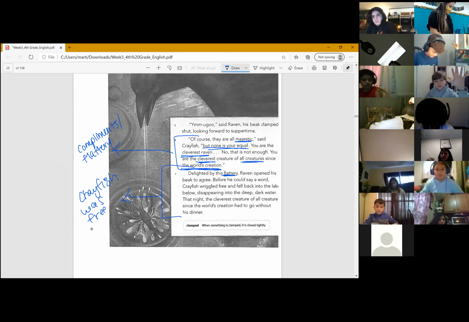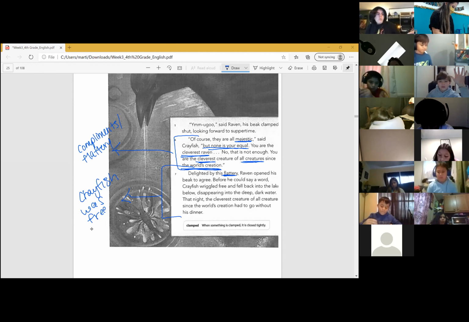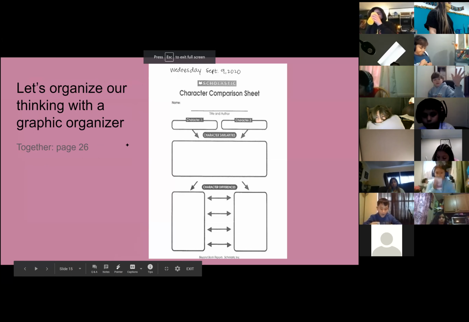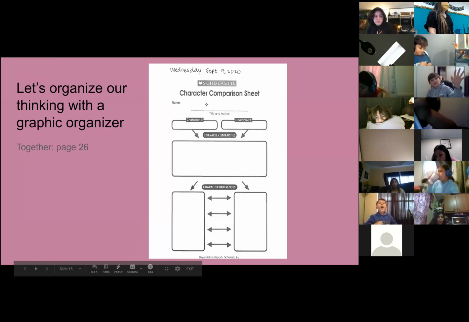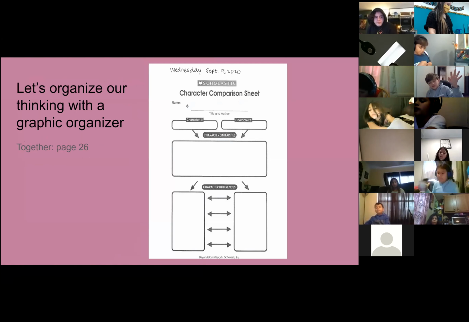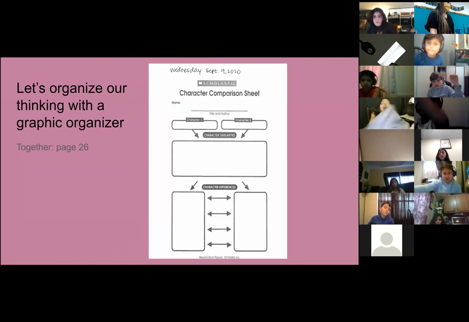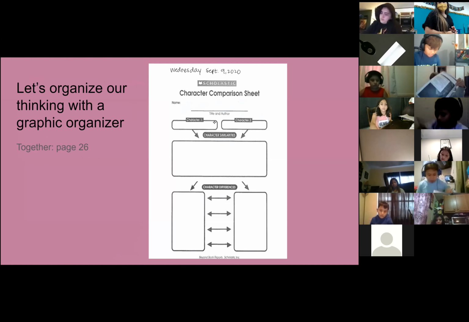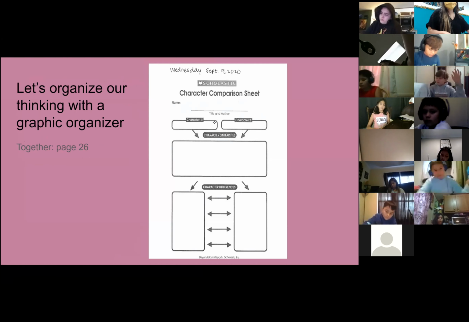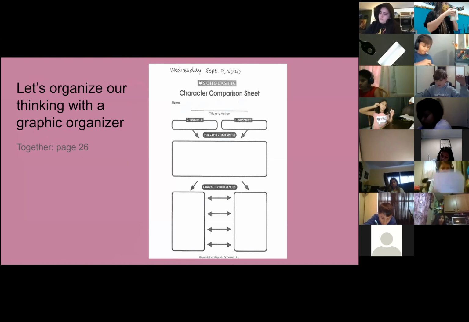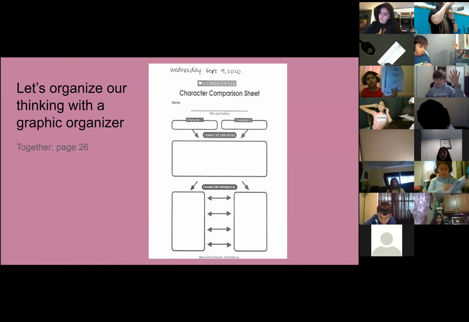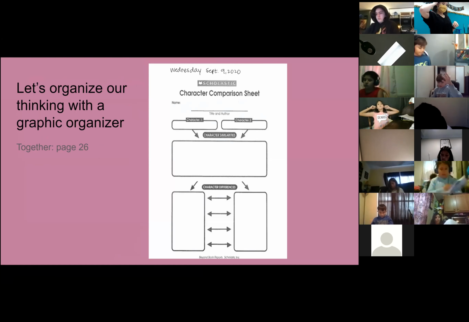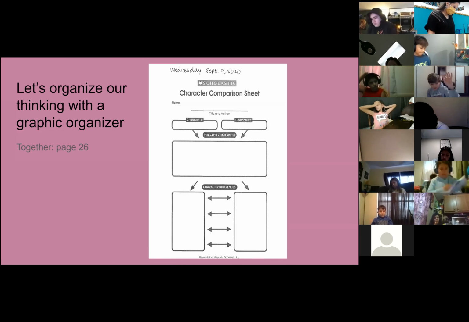Okay, so I'm going to go to my slideshow. And so we are going to organize our thinking with this graphic organizer. This is a character comparison sheet. So make sure you write your name. It's the next page, page 26. Everyone go to page 26. It's the next page after the story. And we are going to do this together.